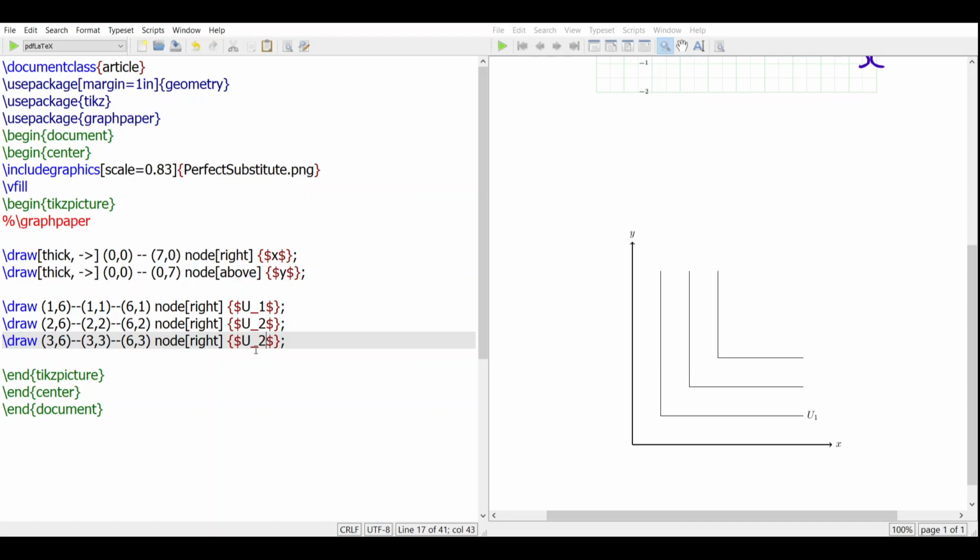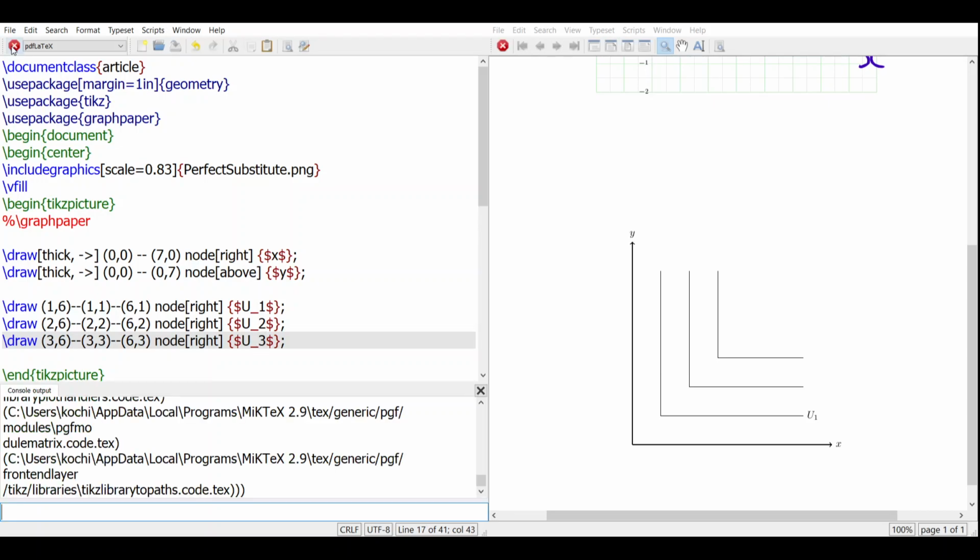Okay, so if you like this, then there will be 3 lines there. Okay, so this is what we call the perfect complement. You need both of the same unit, and then this is the indifference curve.